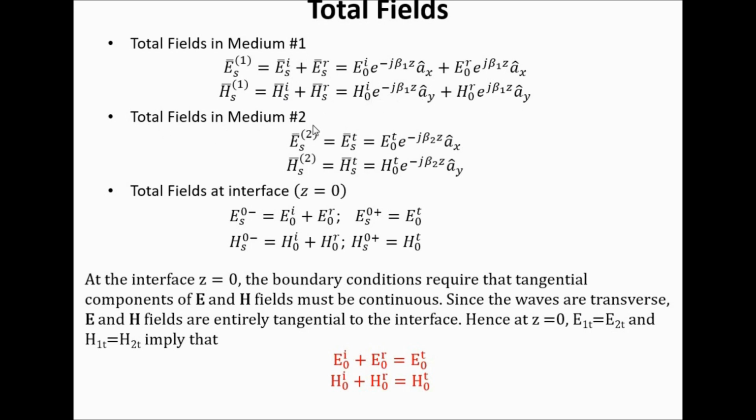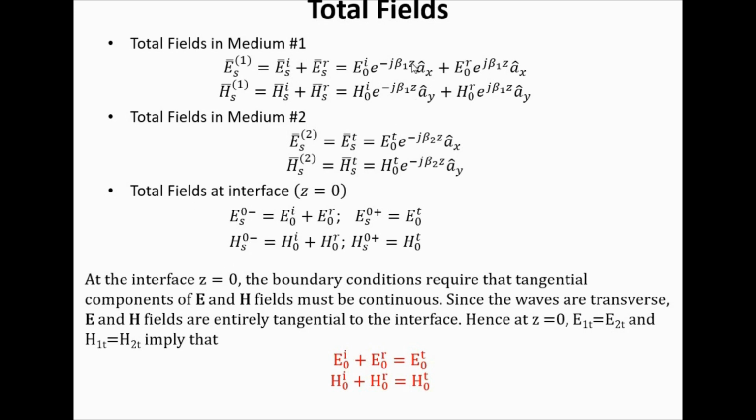Now the total field in medium 2. Medium 2 has only the transmitted wave, so the total field is the same as the transmitted wave. You can write E0T e to the power minus j beta 2 z, and Hs2 is H0T e to the power minus j beta 2 z. So the total field at the interface at z equal to 0. At z equal to 0 minus, that means at the interface but in relation to medium 1, we get E0I plus E0R.